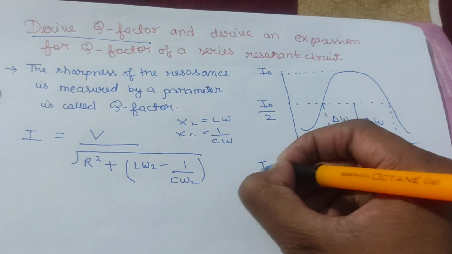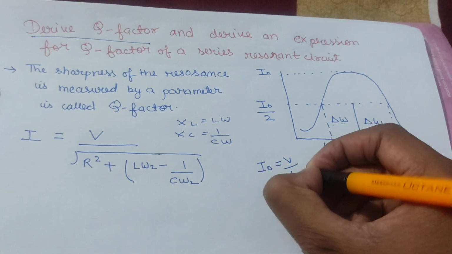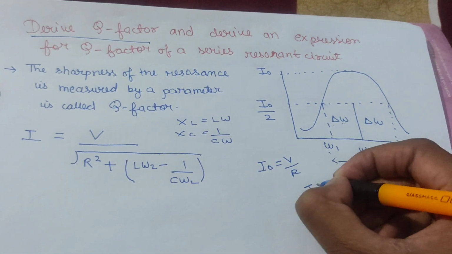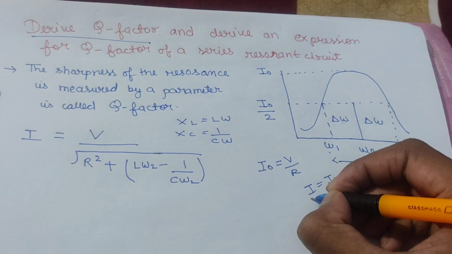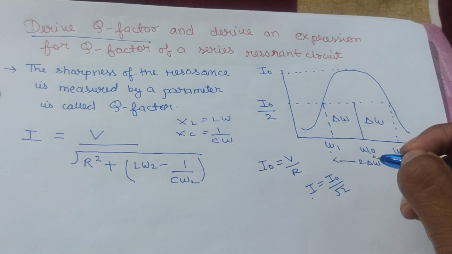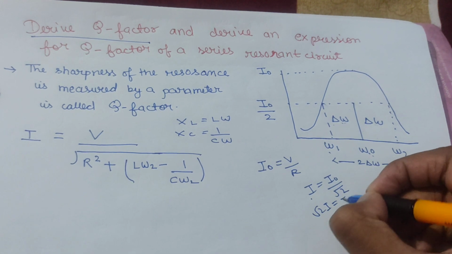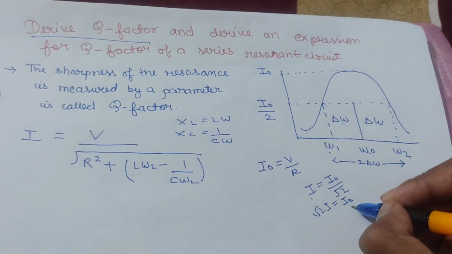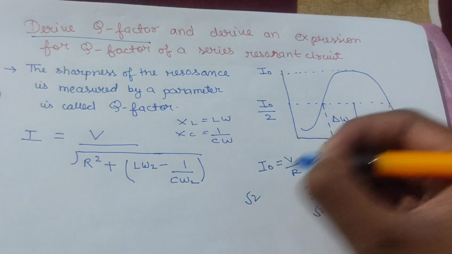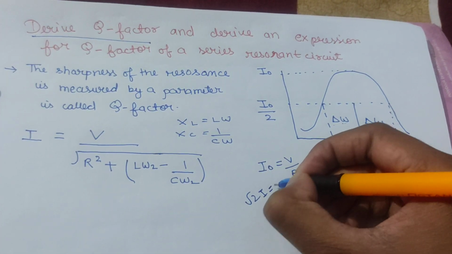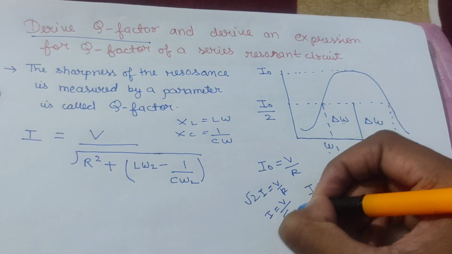Okay, now we know I naught is equal to V by R, and I is equal to I naught by root 2. It is an RMS value. So what we'll do, I naught is equal to root 2 I, so we'll put the I naught value here. Putting I naught, I equal to V by R, so I becomes V by root 2R.